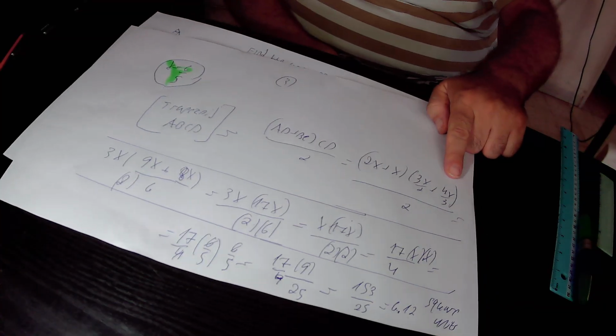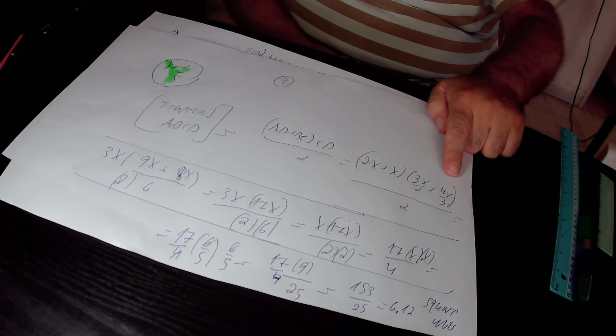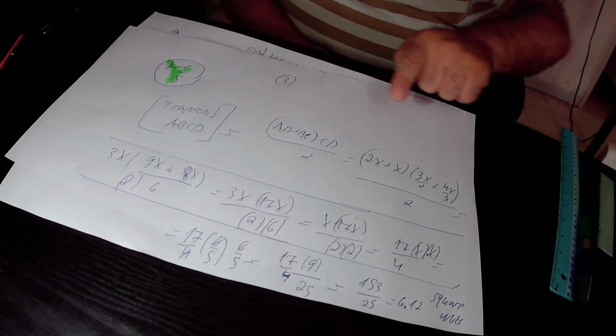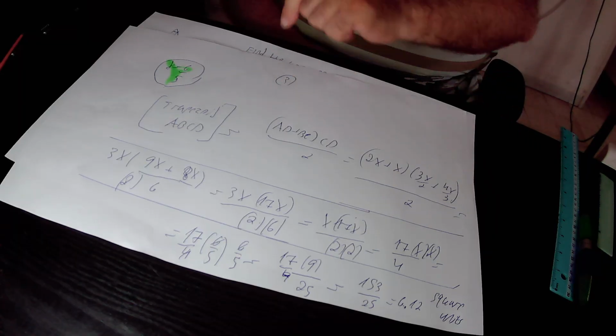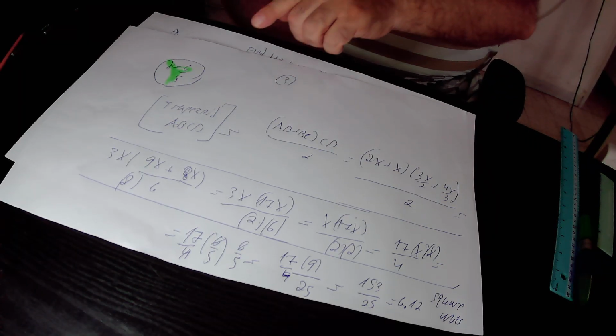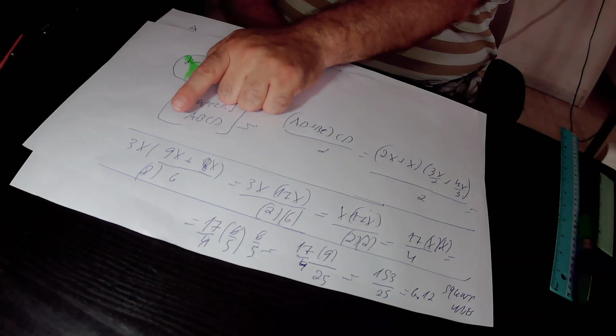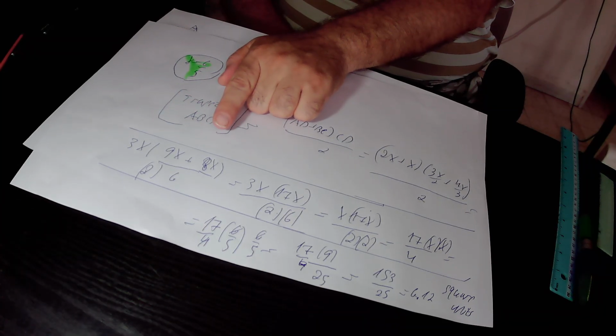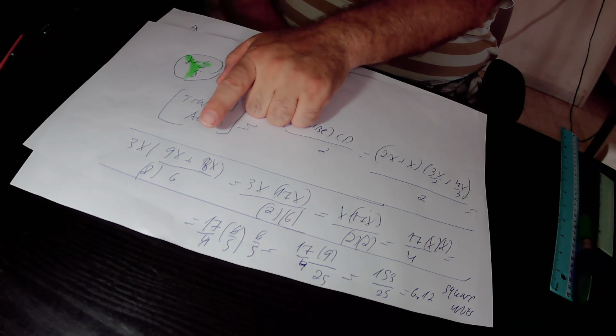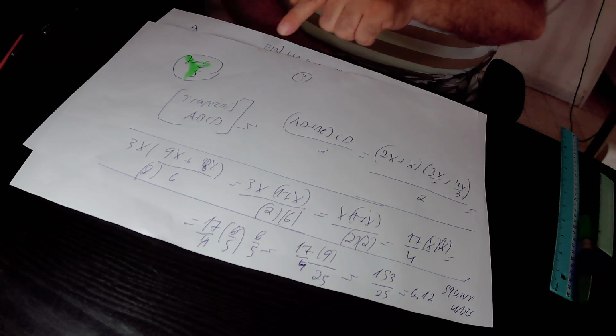Likewise, we multiplied the numerator of 4x over 3 by 2, and the denominator by 2. So 4x times 2 is 8x, and 3 times 2 is 6. So in total, 3x times (9x plus 8x) over 6, divided by 2, equals the area of trapezoid ABCD.